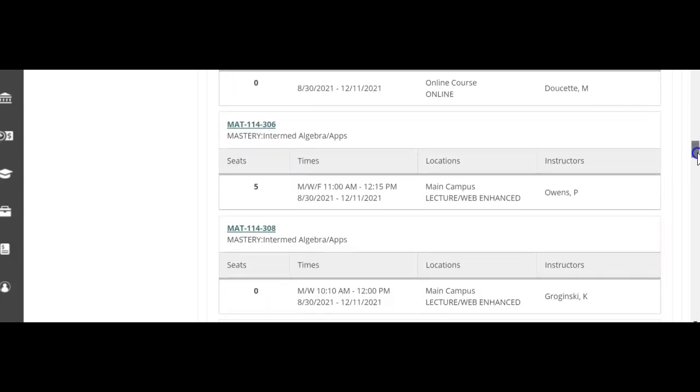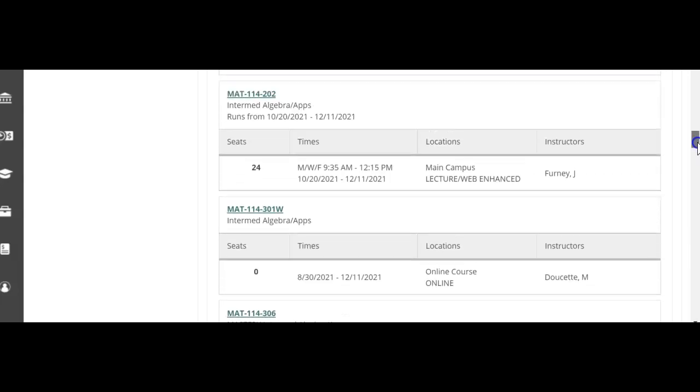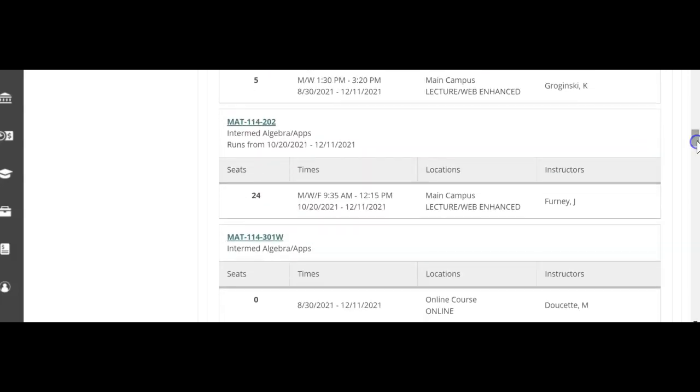Well, as soon as I find one. Here's a regular. Okay, here's a regular. They ought to say regular Math 114. Section 202, Intermediate Algebra. Monday, Wednesday, and Friday. Okay, there you go. Main campus.